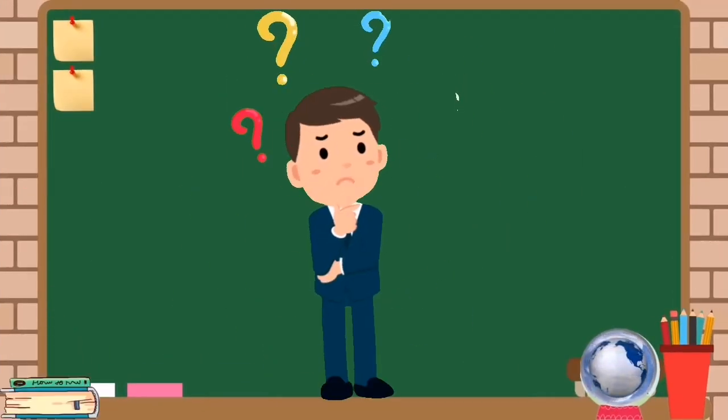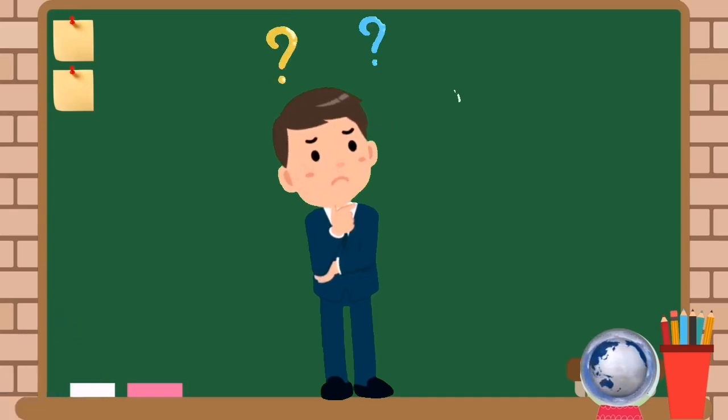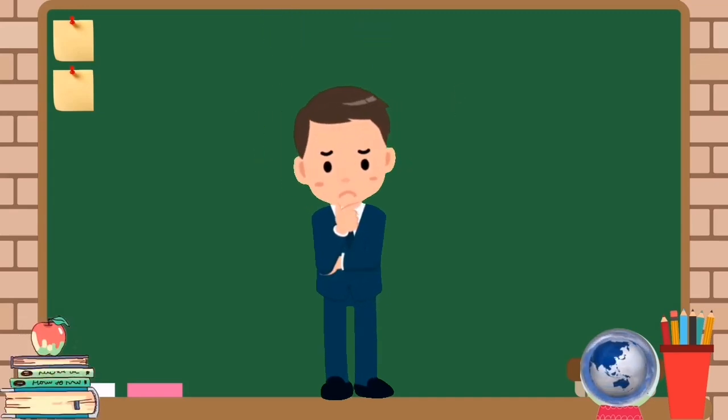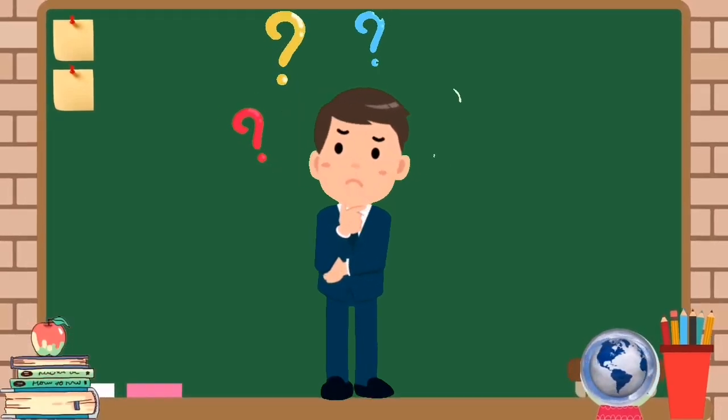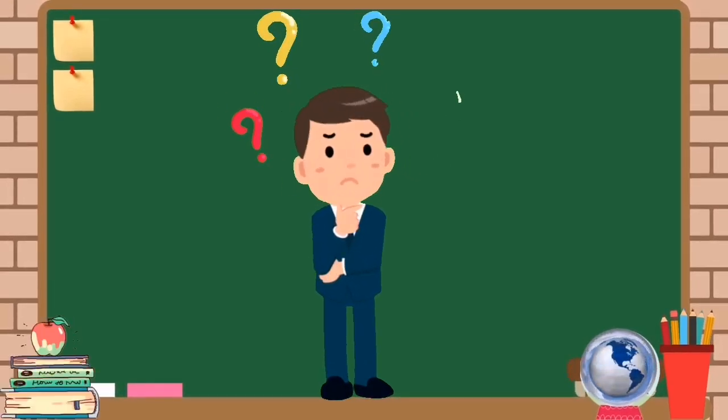In activity number 1, you were able to list all the possibilities, and you used the listing method. But how about if we have the following questions? How are you going to solve this?